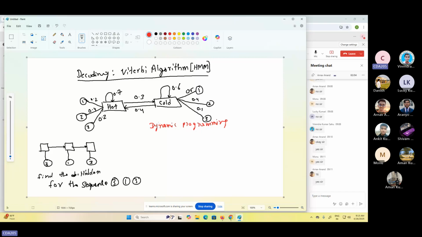For this problem, the initial probability will be 0.8 for hot and 0.2 for cold. Now everyone find the transition matrix and emission matrix for this problem. Monu, what will be the transition matrix?